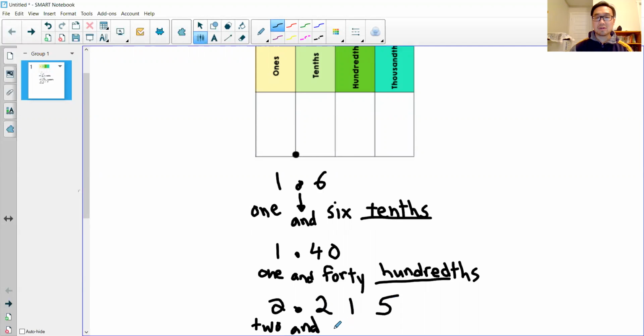So this is 2 and 215. 2 and 215 what? I'm going to look at the last digit of my number. This last digit is in the thousandths place value. So I would call this 2 and 215 thousandths.